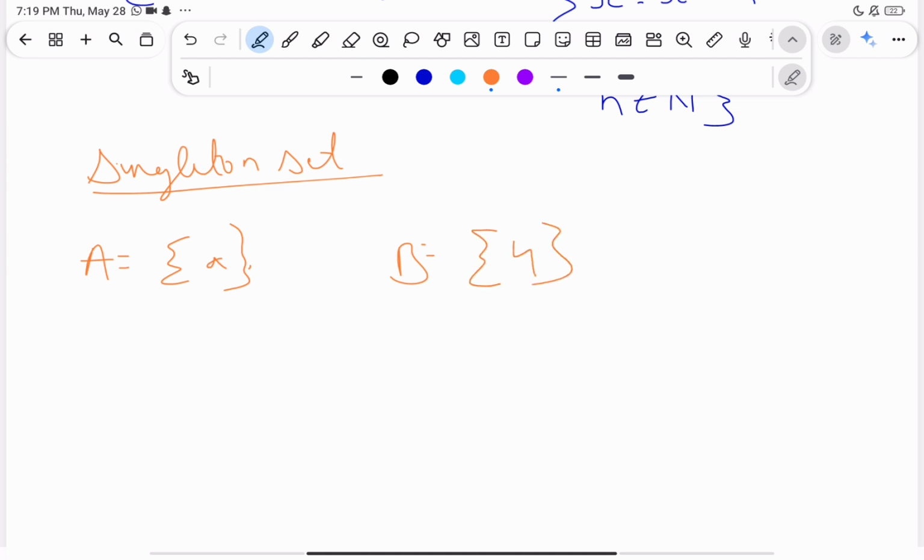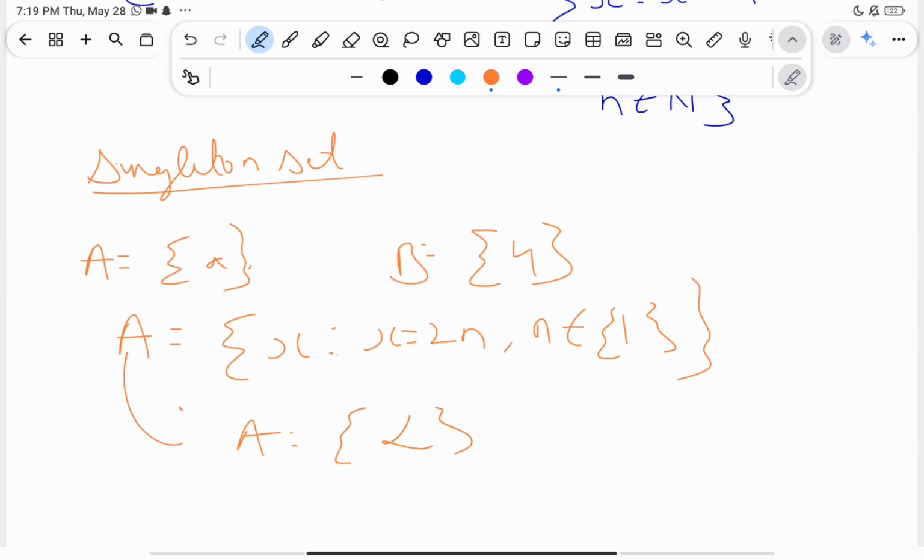For example, A is equals to {x such that x is equals to 2n, n belongs to 1}, means it has only one element, A is equals to {2} is the answer for this. Clear? Easy? Okay, done.